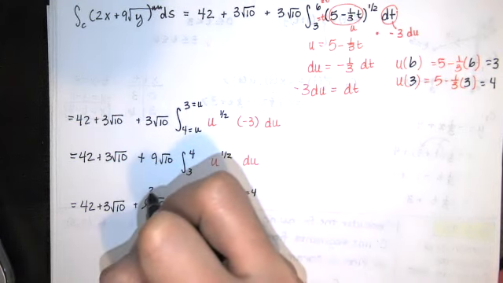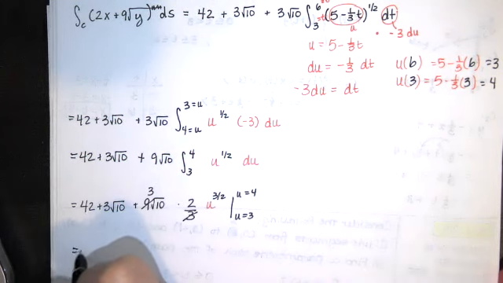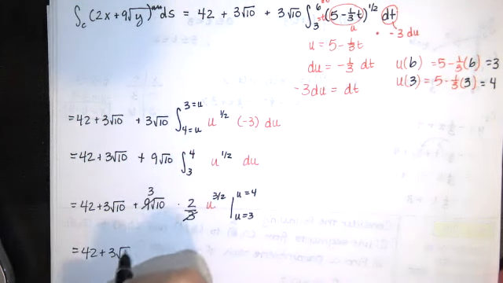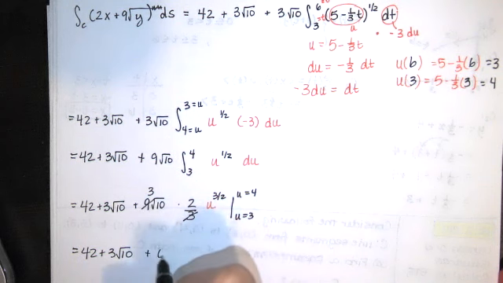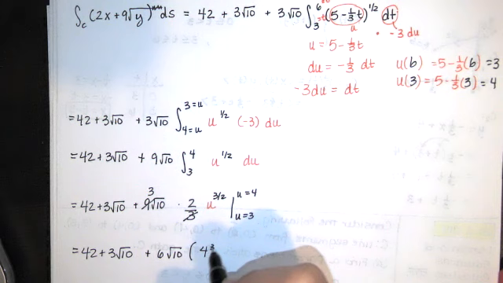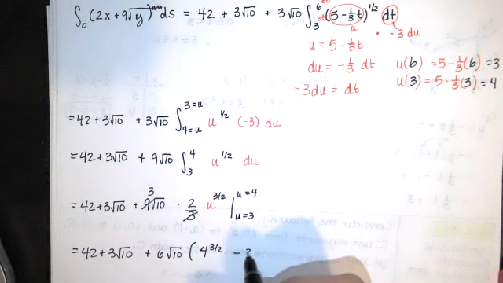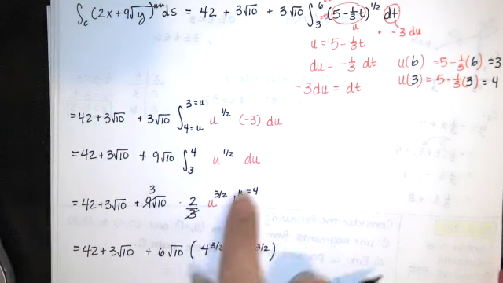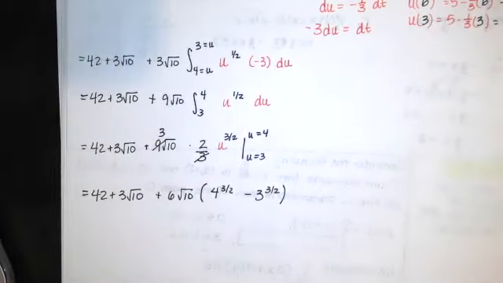3 goes into 9 3 times. So I have 6 times the square root of 10 times 4 to the 3/2 minus 3 to the 3/2. Just factoring out the constant and evaluating that at 4 and 3 and subtracting.